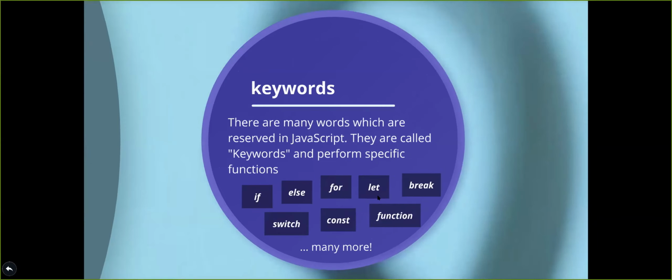Keywords. Keywords are words that are reserved in JavaScript. They are reserved because they have specific meaning and perform specific functions, right? In English, if I say come, that means something. You know what come means. If I say go, you know what go means. Now, what happens if I name my child Come?